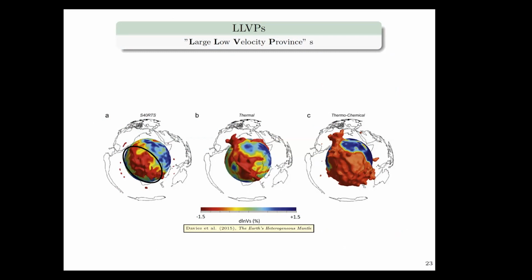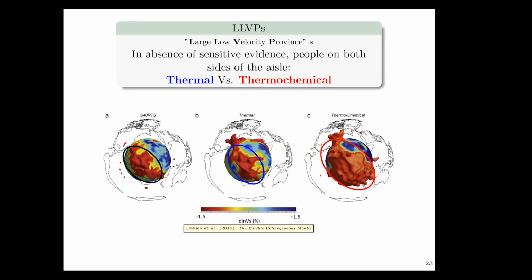Research in the past has shown that both thermal and thermochemical models can come up with structures that resemble the structure that we see from seismic tomography.